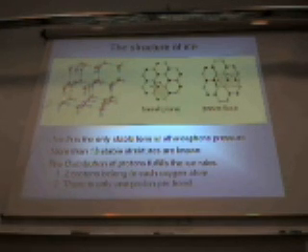The hexagonal ice itself, you can build up a crystal like that by following two very simple rules. The distribution of the protons has to fulfill the so-called ice rules, that two protons or hydrogen atoms belong to each oxygen atom, and there's only one proton per bond.